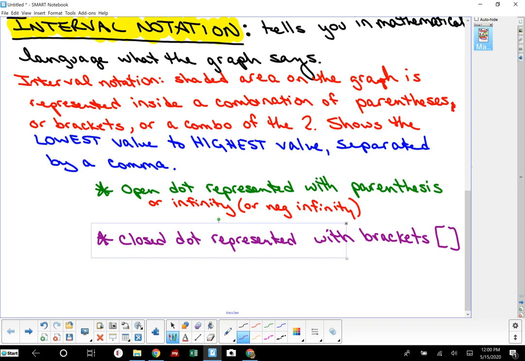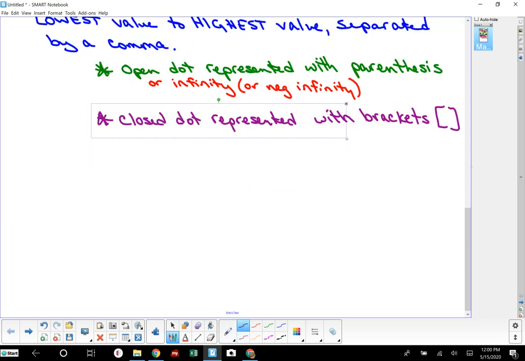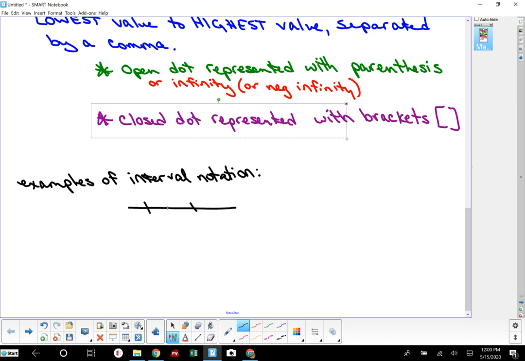All right, so let me give you an example before we go back up to the one at the top of the page. Here are some examples of interval notation and how it actually works. If you have a graph, and let's say you're talking about -2 and 6, and on that graph they both have a closed dot, and then you have shading in between them.